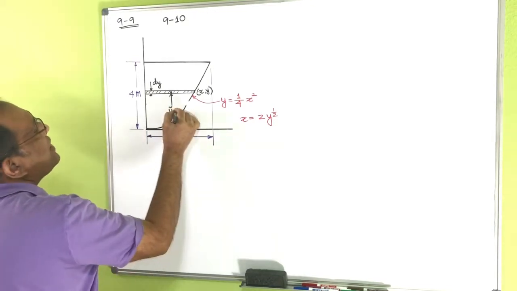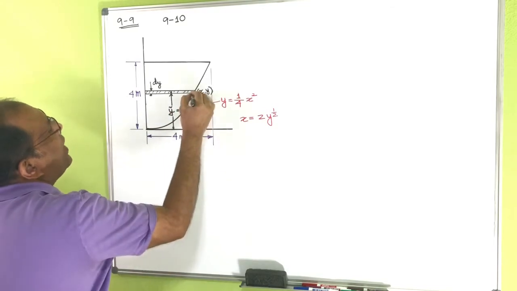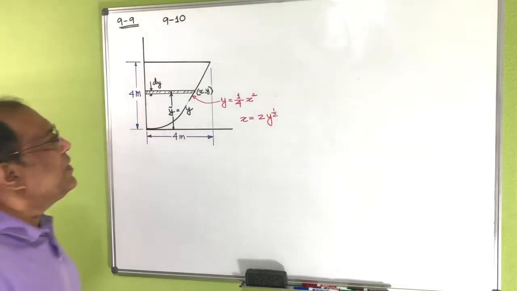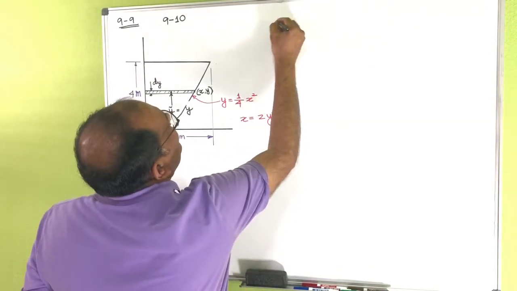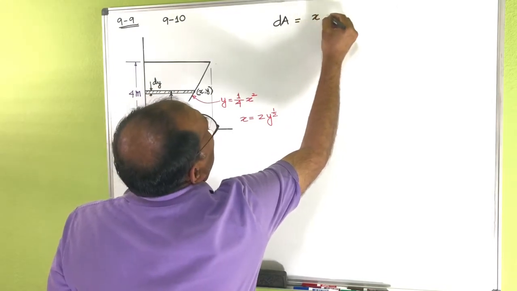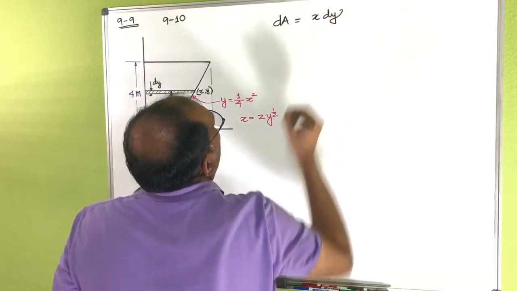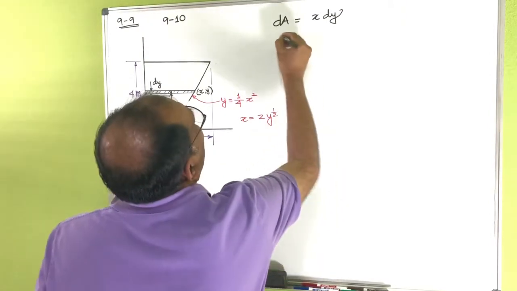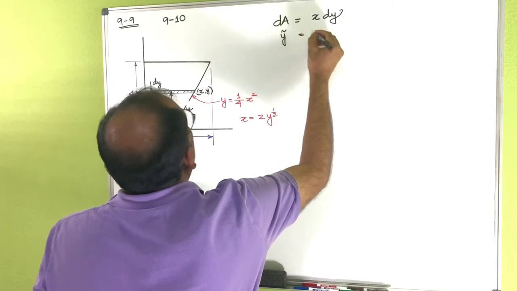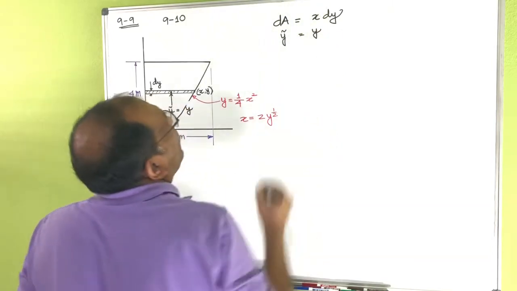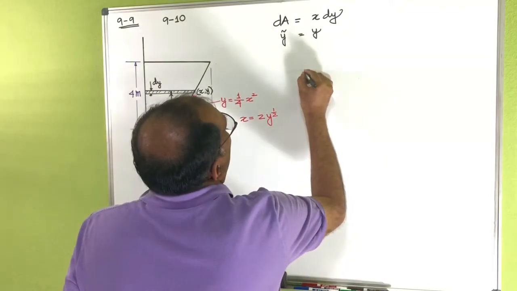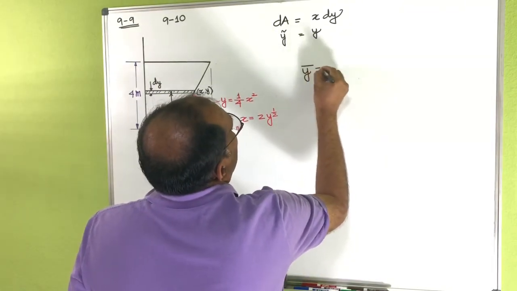Now you can see that's actually the same as y, right? Now if I say what is my dA, that remains the same, x dy, right? And your y tilde is equal to y here.